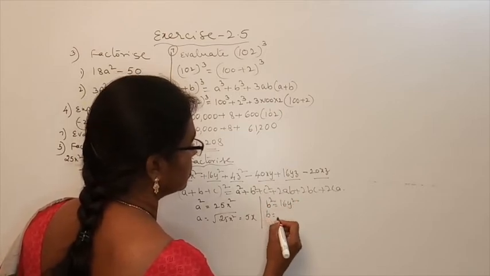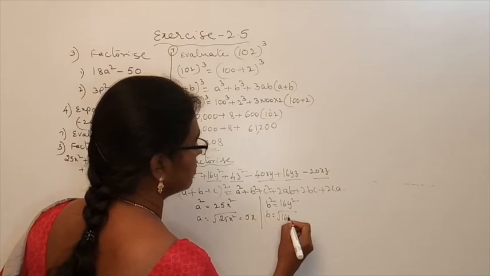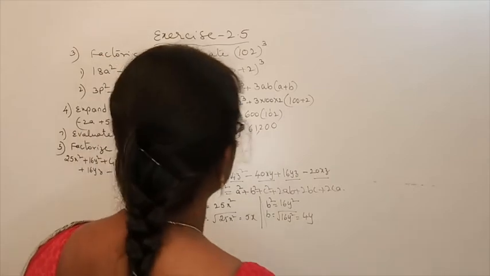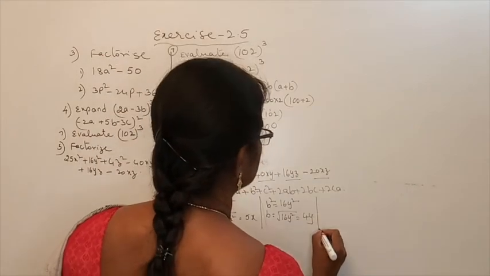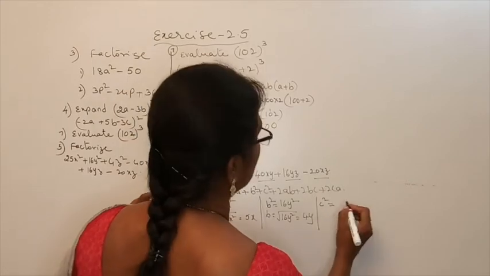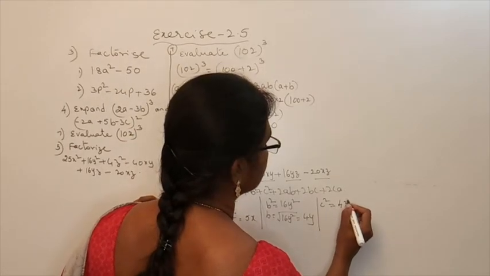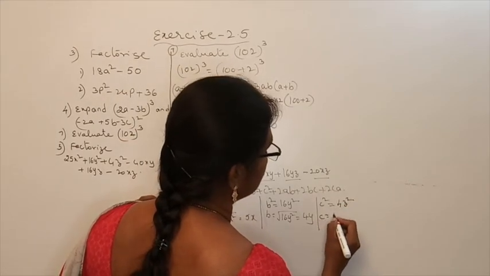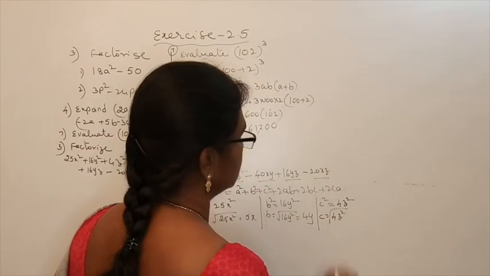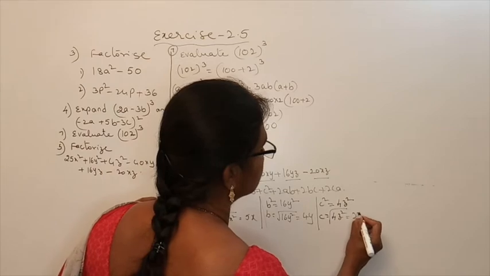B is equal to under root 16y square, which is 4y. Next, c square is equal to 4z square. C is equal to under root 4z square, which is 2z.